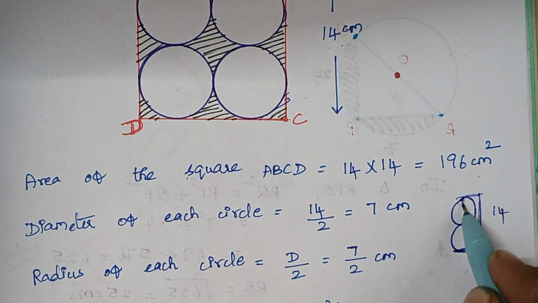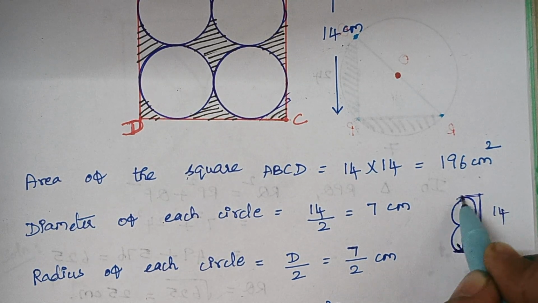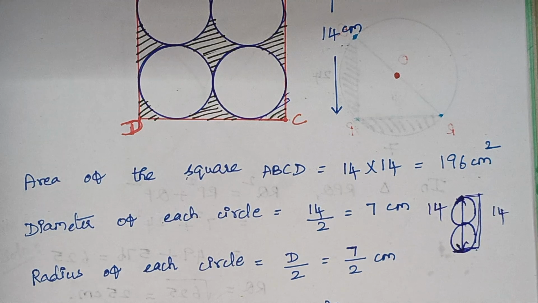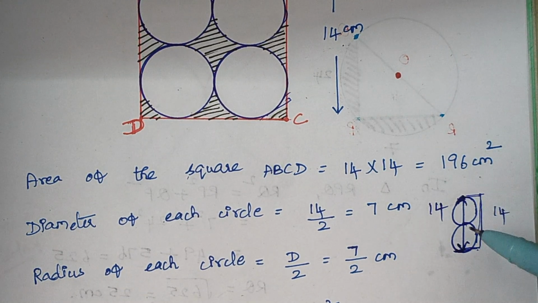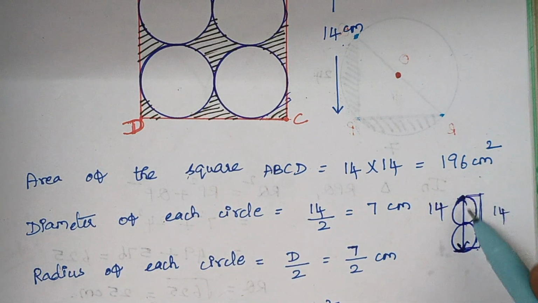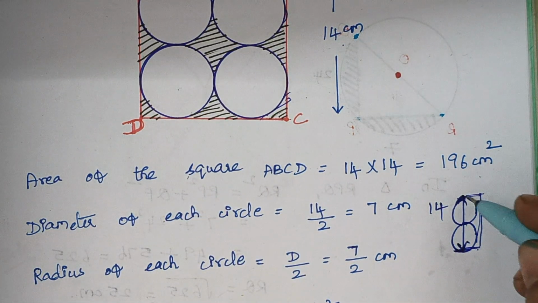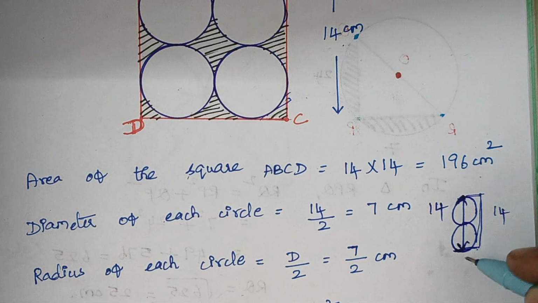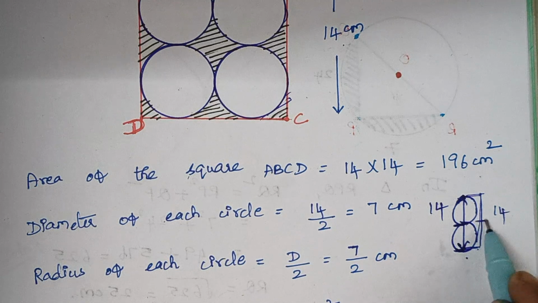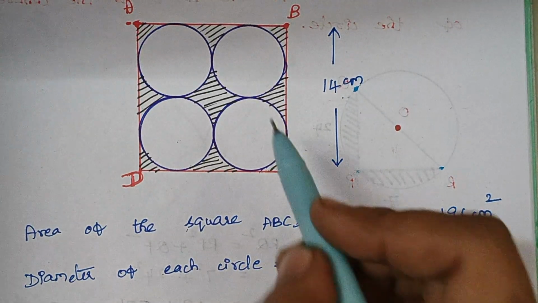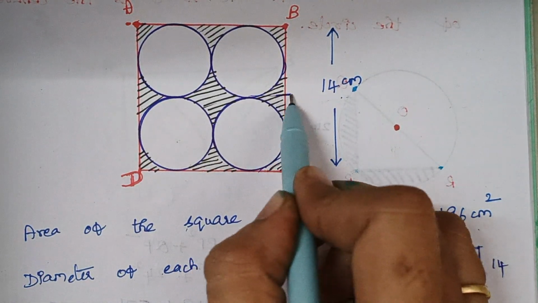So similarly, this length should also be equal to 14. The total length here is 14. For each circle, it will be, because you see it is exactly in the middle. The touching point of the circle exactly shows the middle.